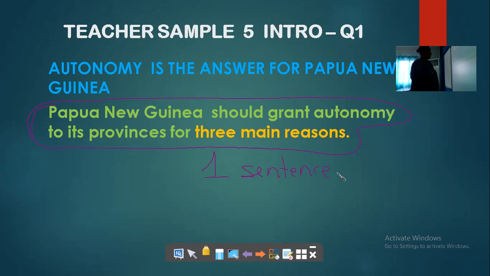But in that one sentence, there are many things included. There is subject included here. There is also point of view included here. There is link. So the whole thing is also a thesis statement. You understand?